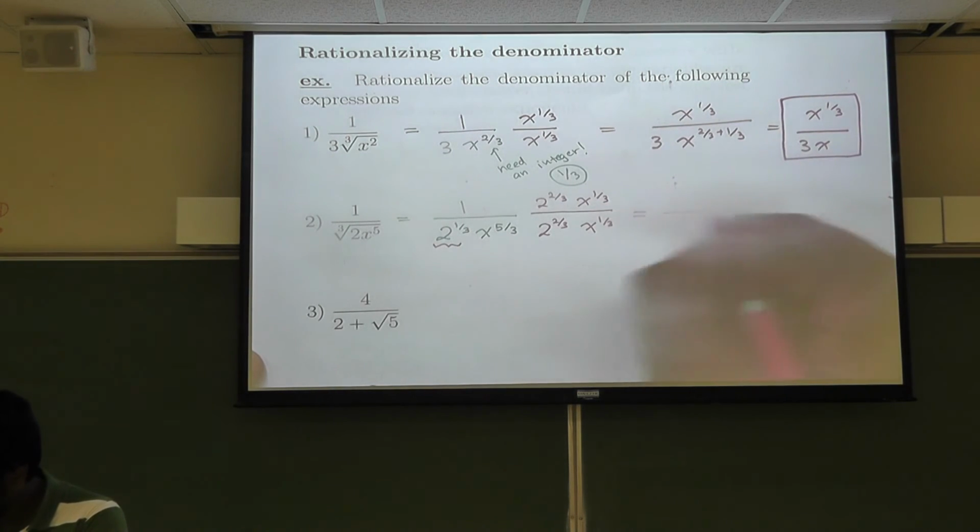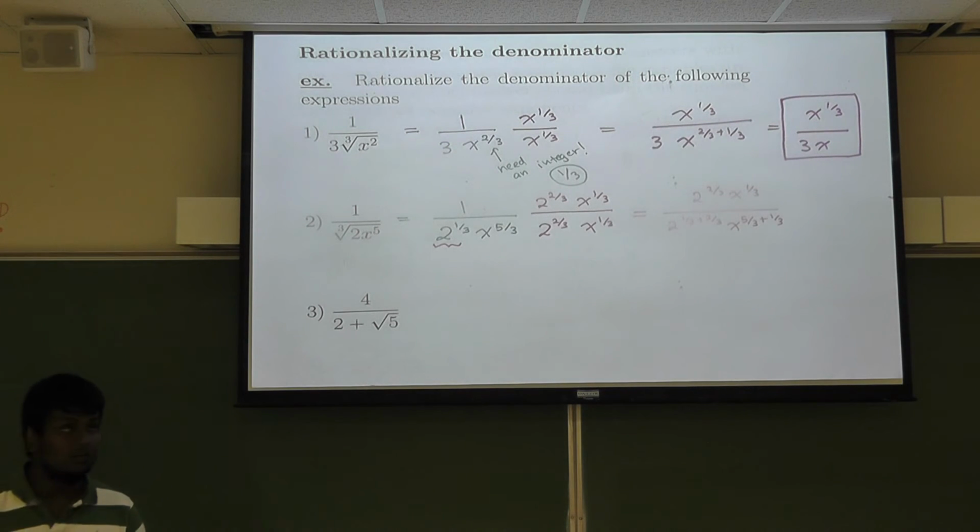So now let's write down what we have here. 2 to the 1/3 plus 2/3, x to the 5/3 plus 1/3, and 2 to the 2/3 x to the 1/3. Now have a good look at what I did right there.